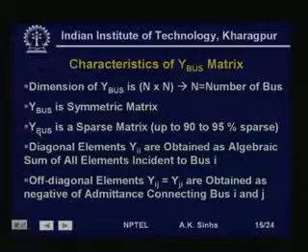Another feature of this Y bus matrix is that it is a very sparse matrix. That is, almost 90 to 95% of the elements of the Y bus matrix are zeros, and very few elements are non-zeros. This comes mainly from the property that we have seen here.